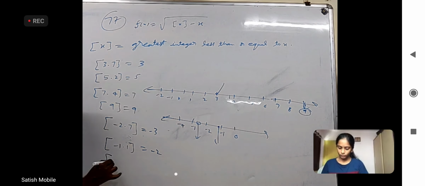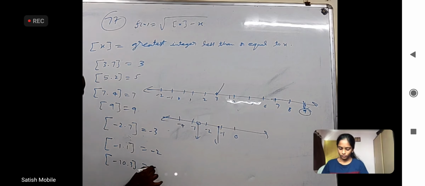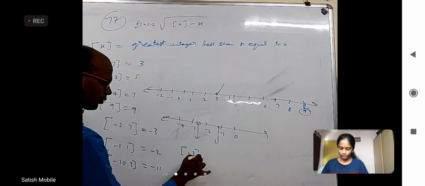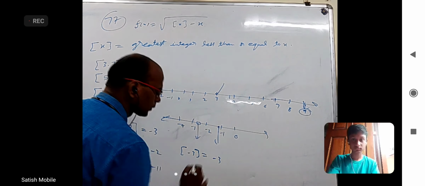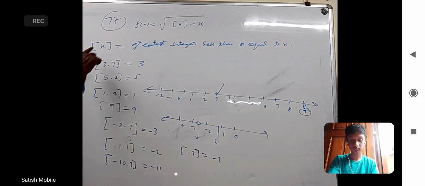So, based on that, if I take minus 10.3, will it come minus 10 or minus 11? Minus 11 will come. Okay. If I take exactly minus 3, what will come? Minus 3 only. Okay. So, is everybody clear about this symbol?